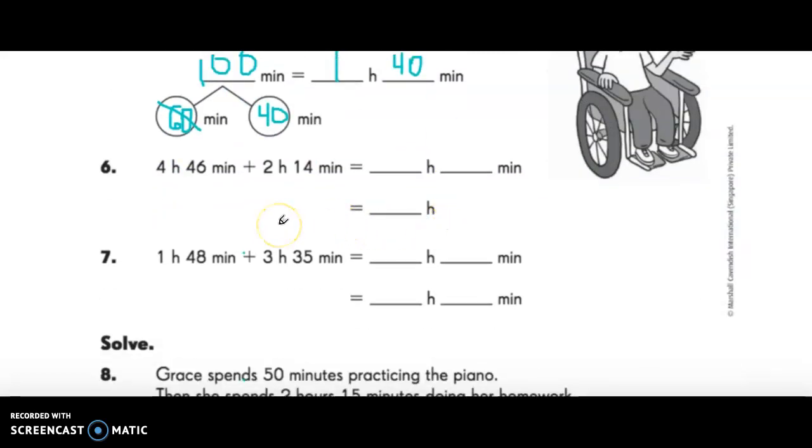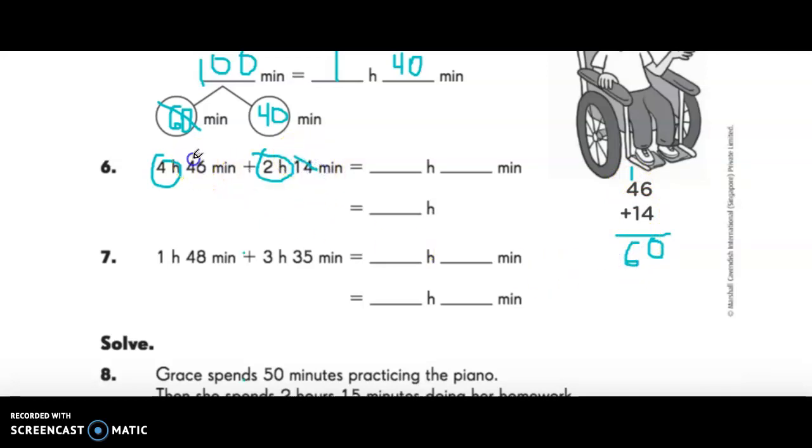Now for this next one, they don't give you the lines to do all the work, but what you should be doing first is adding your minutes, and then I like to circle my hours so I don't forget about them. And then I'm going to add my minutes over here. 6 plus 4 gives us 10, so we're going to regroup. 4, 5, 6, so we have 60 minutes.